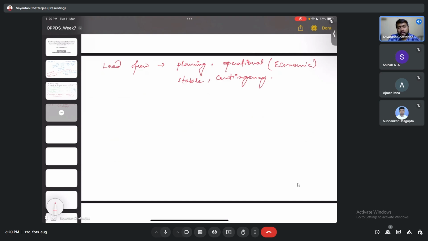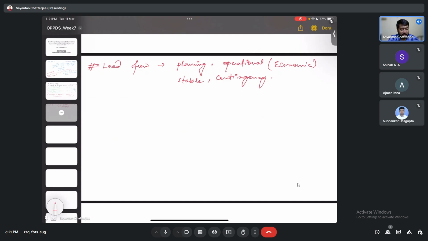If any equipment is in outage condition, or any line is in outage condition, what will be the severity of that impact on the remaining part of the entire distribution system. So all these things we can perform, and we can take the help of load flow.